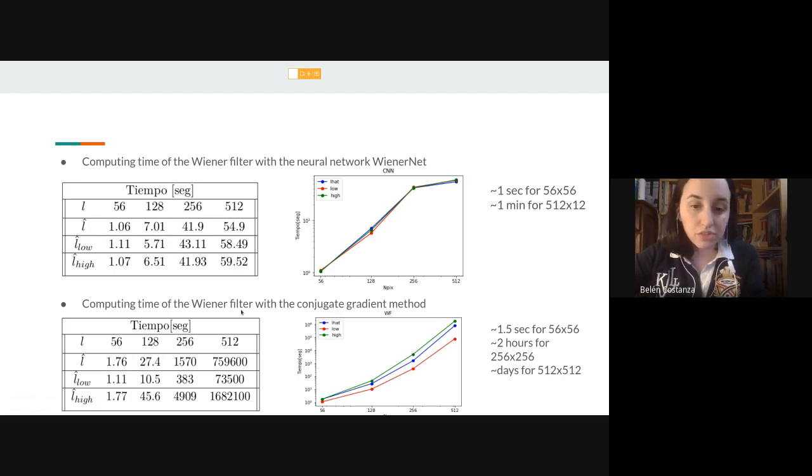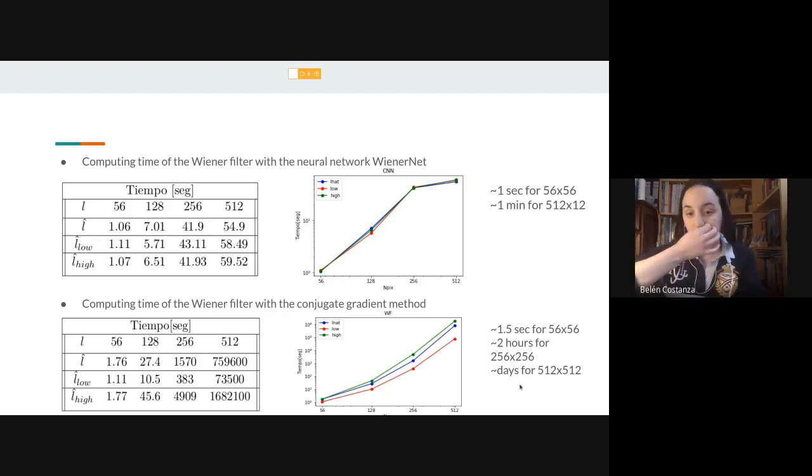And in the case of the Wiener filter with the conjugate gradient method, we found that for 56, the computing time is of the order of 1.5 seconds, for 256 it is of the order of 2 hours, and for 512 it is of the order of a day.